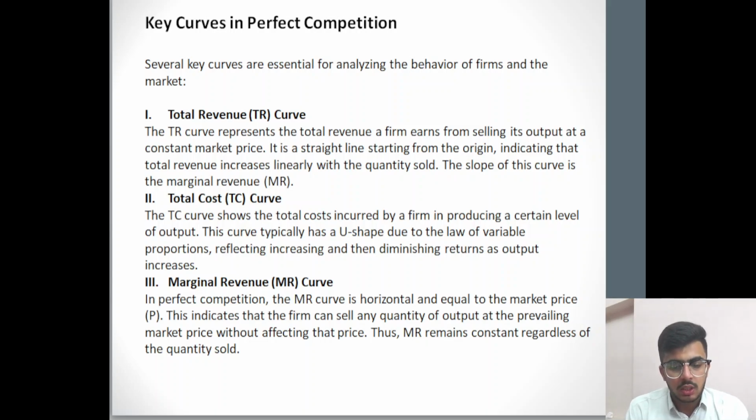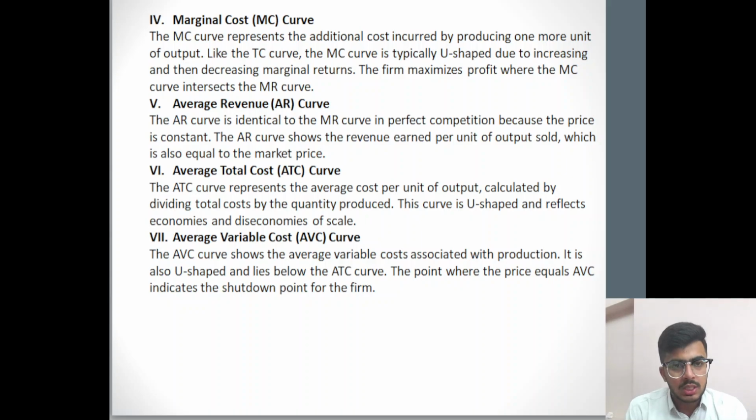Total cost is U-shaped due to the variable proportions law. The third one is marginal revenue, which is horizontal and equals the market price. Marginal cost, MC, is U-shaped and intersects MR at equilibrium.